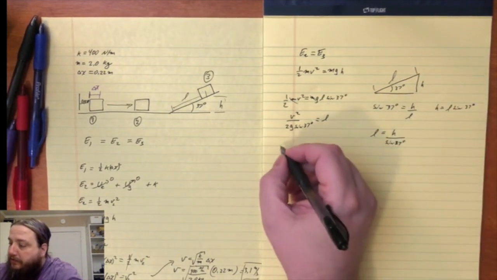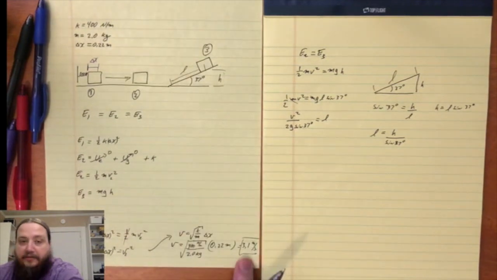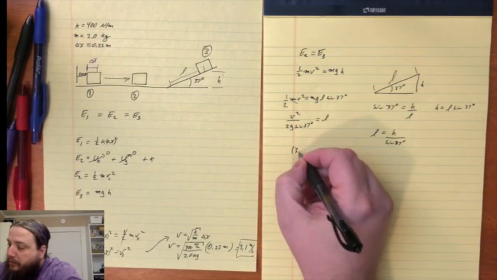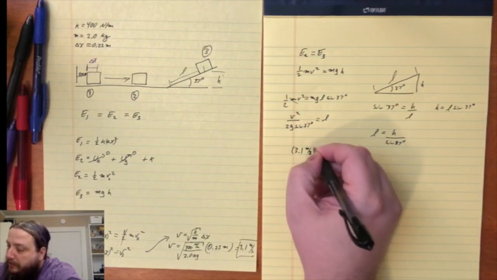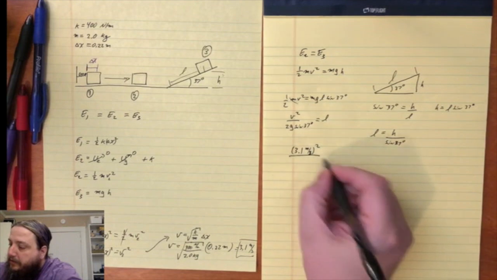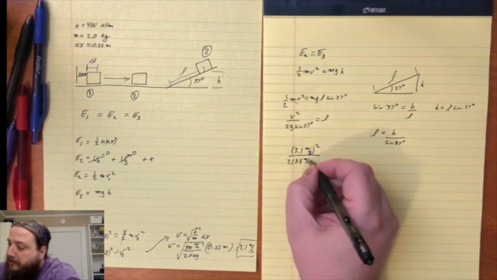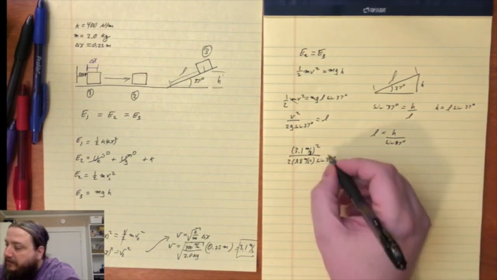And now we can go ahead and start plugging things in. Our v here is the answer from over here. So that's 3.1 meters per second squared over twice 9.8 meters per second squared times the sine of 37 degrees.